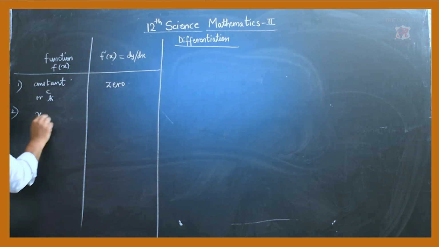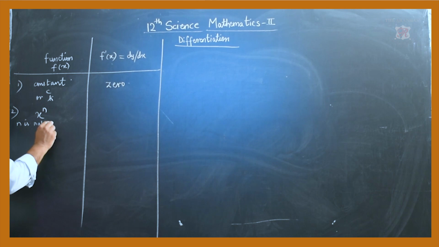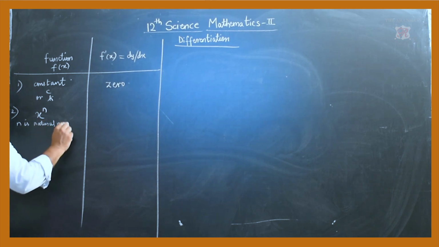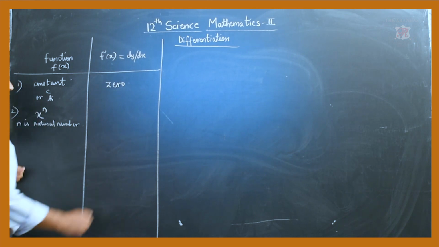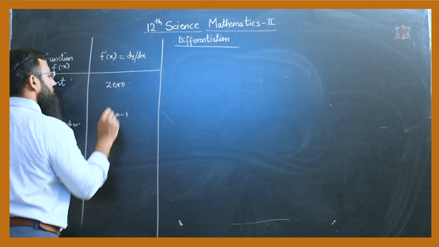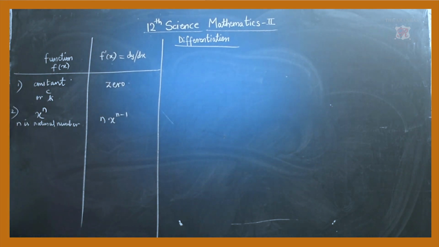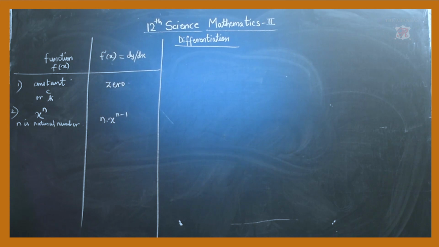Second one is x raised to n, where n is any natural number. Under such a situation, the derivative of x raised to n will be n into x raised to n minus 1.